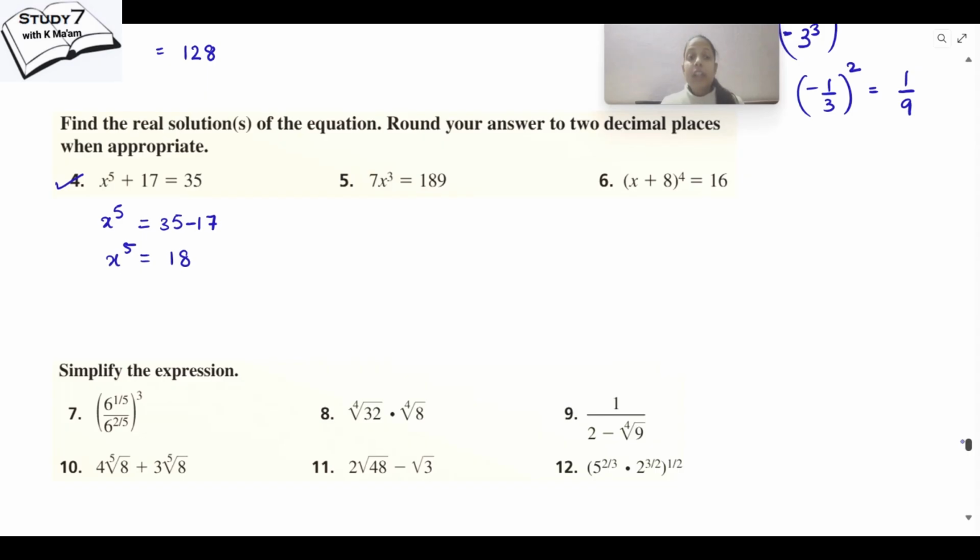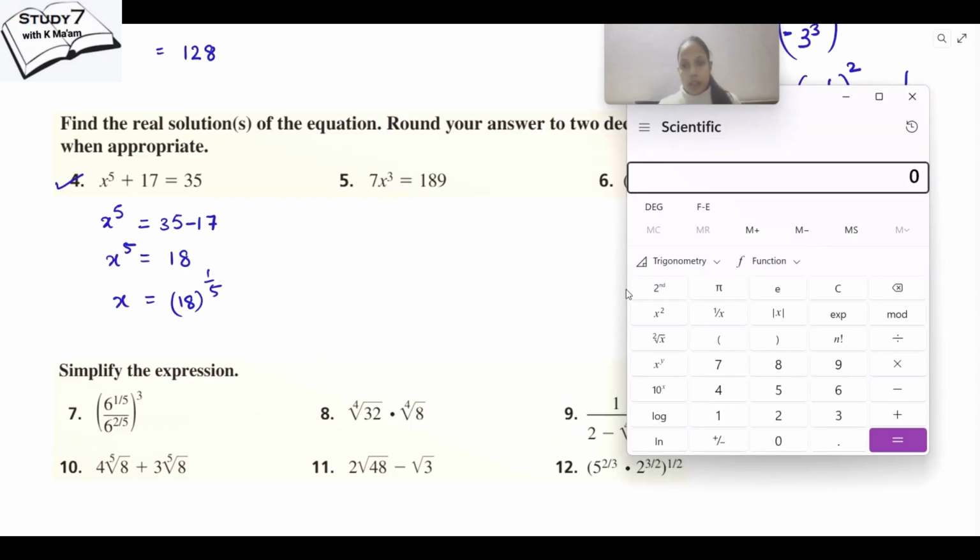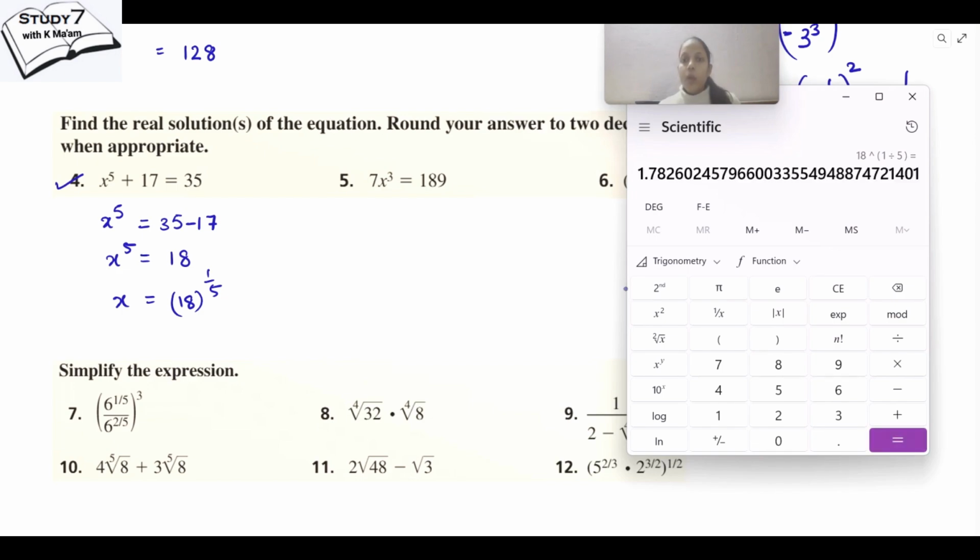How to solve it? Taking both sides power 1 by 5. 18 power 1 by 5. Let's calculate. 18 to the power 1 by 5 is 1.782. We have to round off to 2 decimal places, so 1.78 approximately.